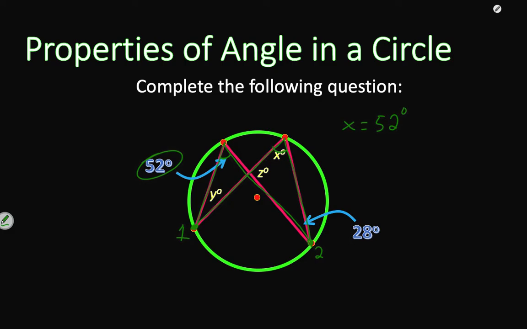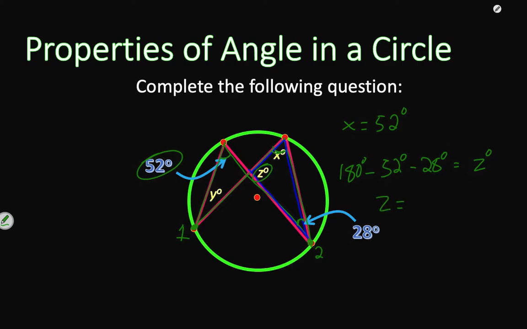After that, I'm going to look at this triangle right here. And I'm going to say triangles have to add up to 180. Which means this is 52, this is 28. Z has to be everything else to get up to 180 degrees. So if I subtract out the 52 and the 28, that will give me what Z is.